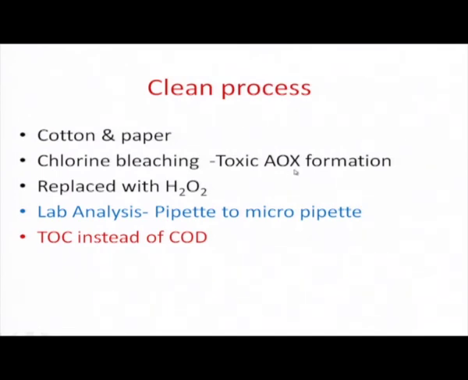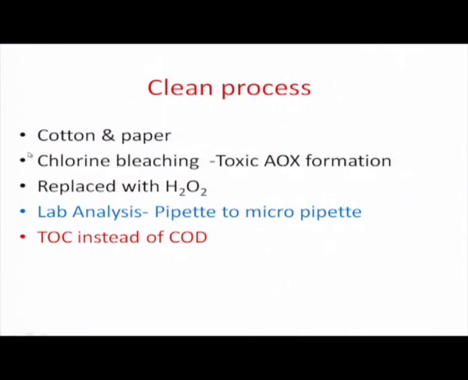For wastewater, the AOX value should not exceed 1 milligram per liter, 1 ppm, in developed countries. In India we don't have a standard for discharge, but for manufacturing industry we have a standard that the AOX value should not exceed. So this is a problem with these industries.